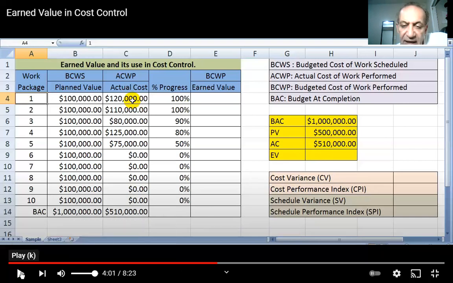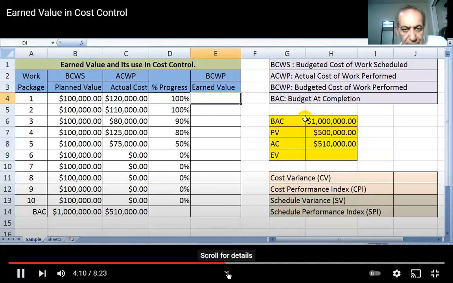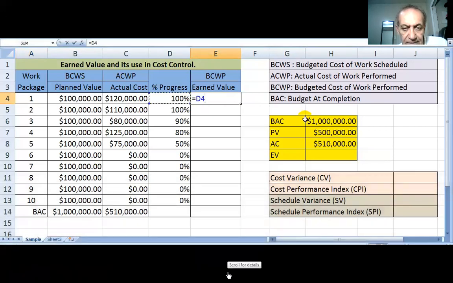Let us repeat it back to see the numbers here. How did we get the numbers? We will go through each number again. 30,000. The progress of this work package, we had completed 100%. So the earned value would be equal to the progress multiplied by the budgeted cost for this work package.